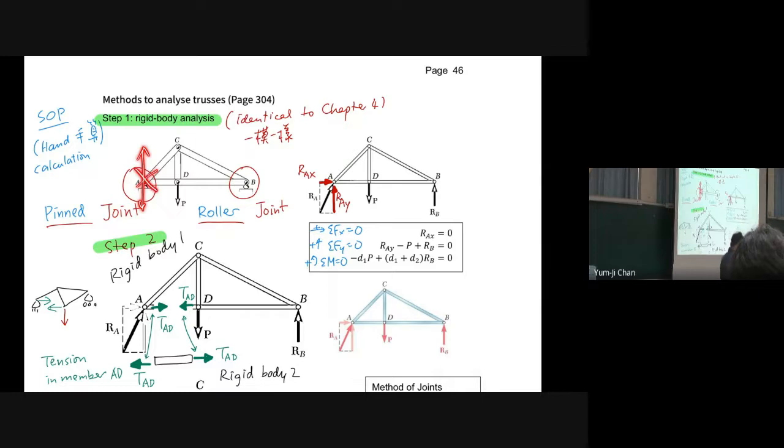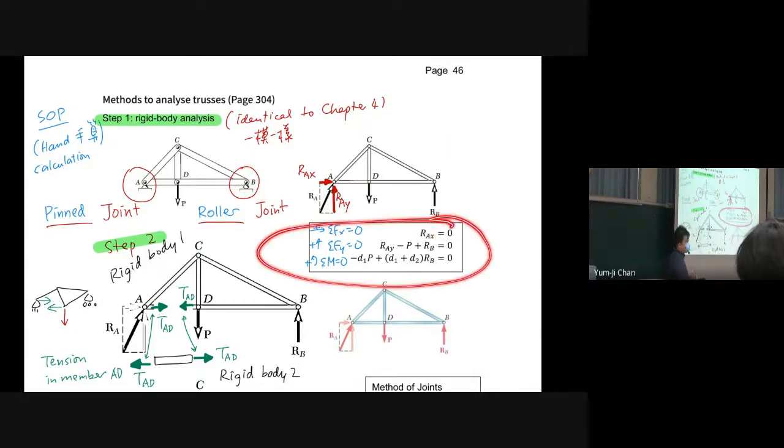So we have a force in the horizontal direction and a force in the vertical direction, and we have the original force P. For the roller joint, we can move to the left and the right, and we cannot move up and down, so we have one force going up. I think you can write these three equations down, and so we come to step 2.